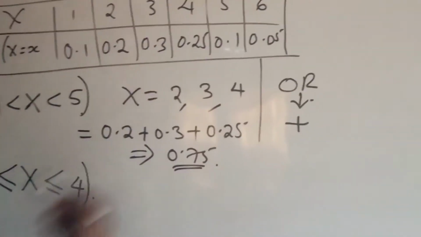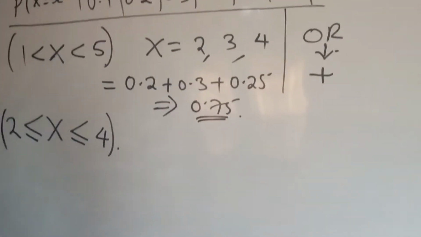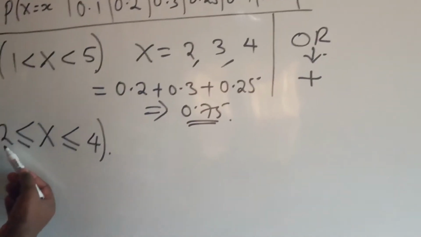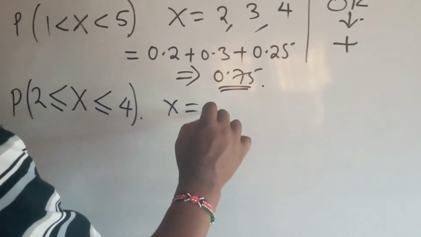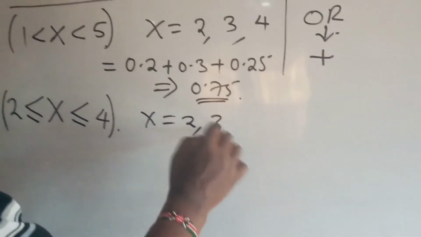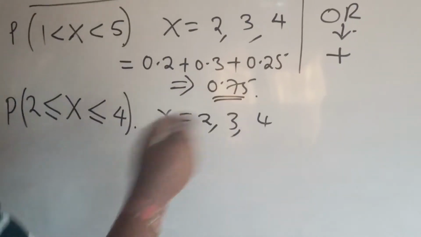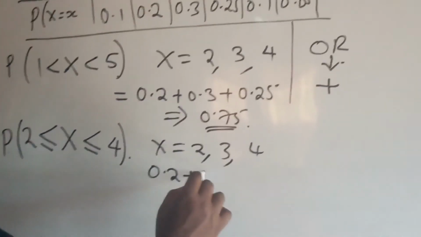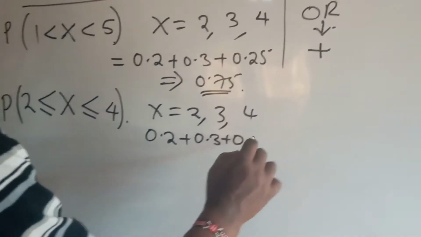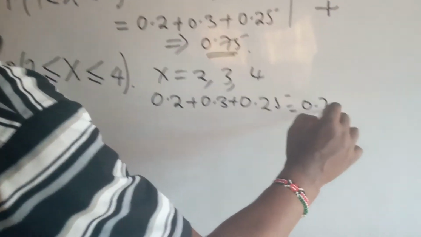And this one is just going to be like we have had in part A, because 2 itself is included, 3 is acceptable, and 4 is also acceptable. So the same case, we're going to have 0.2 plus 0.3 plus 0.25, which is 0.75.